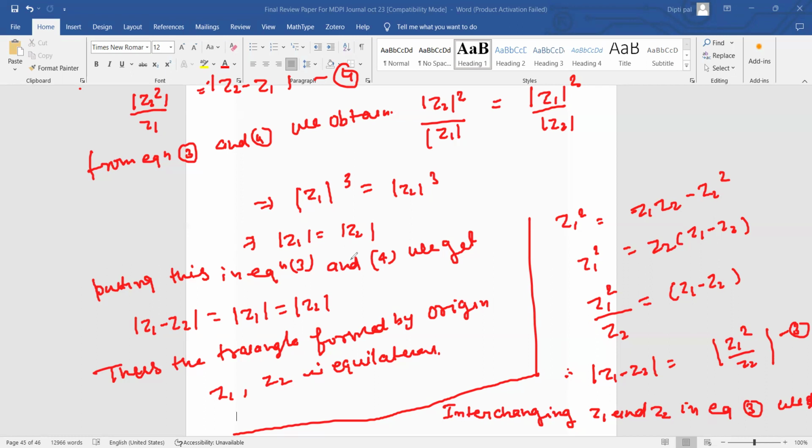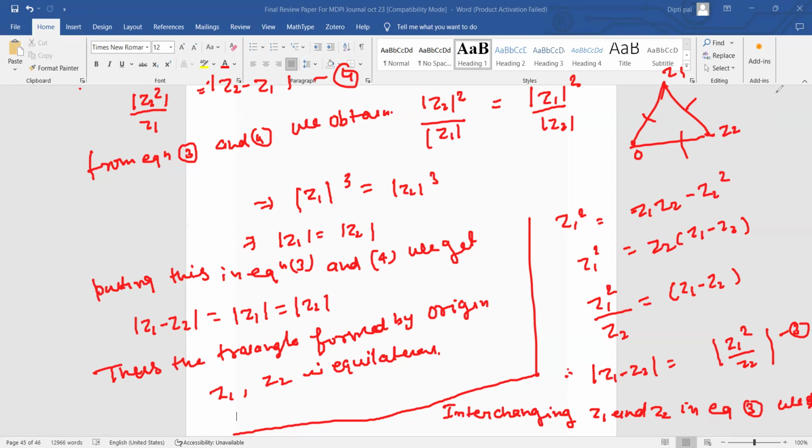So these are the sides of the equilateral triangle. Since one vertex is the origin, another is Z1, and one is Z2, the sides will be Z1, Z2, and Z1 minus Z2. So if all these sides are equal, we can say this is an equilateral triangle.